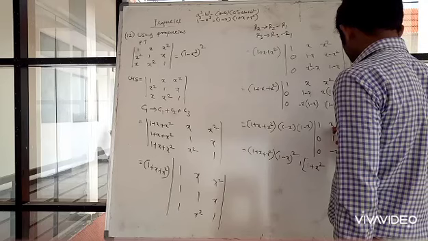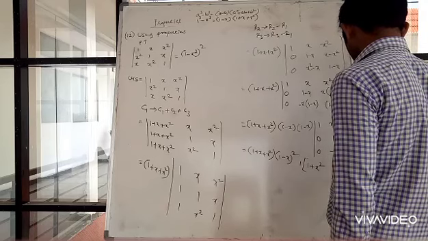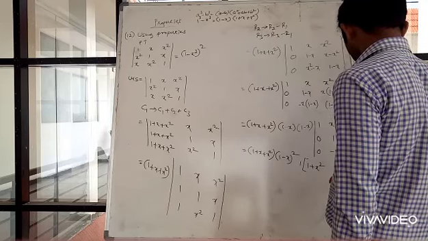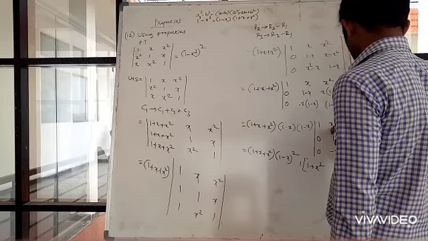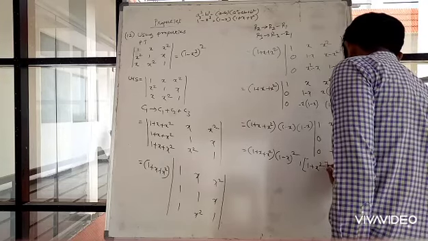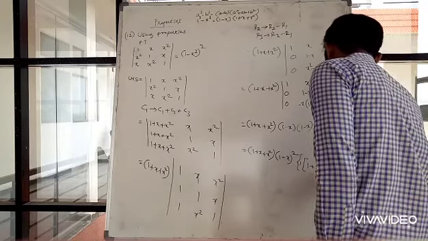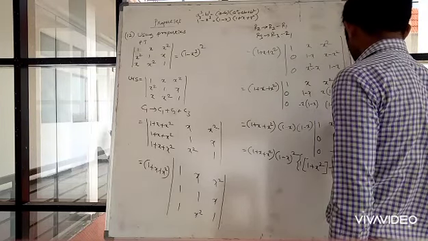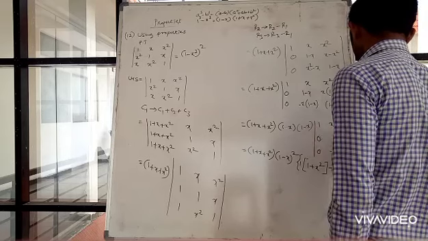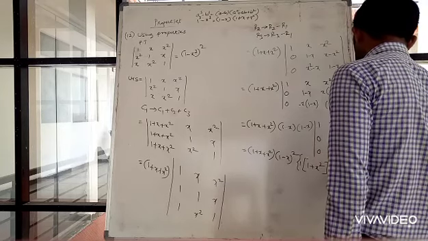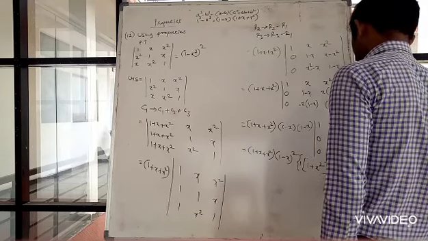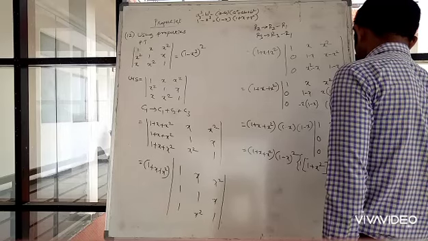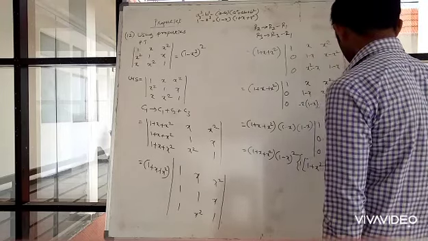Next, minus x into, leave this column and row, 0, 0 we will get, it will be 0. Then next, x square.